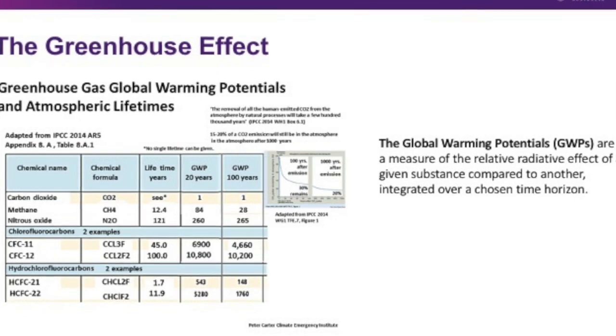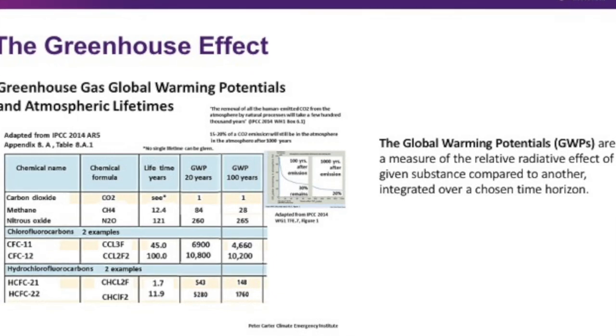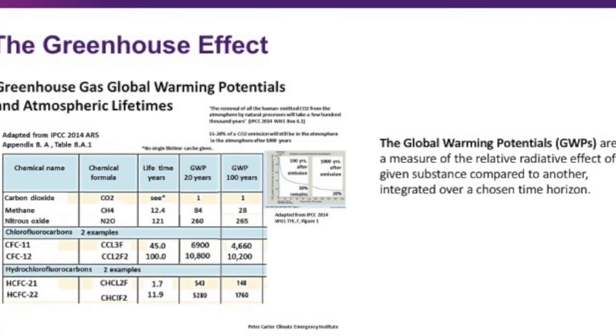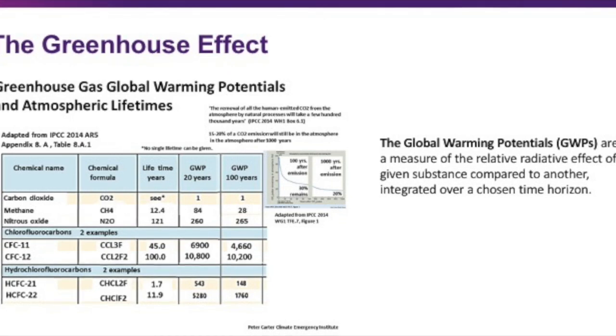So the reference will be 1, and then we have methane. If you look, it has a greenhouse gas effect that is much higher than carbon dioxide. That's why we are looking at different processes on Earth that emit methane, because it is very important. And then we also have nitrous oxide.